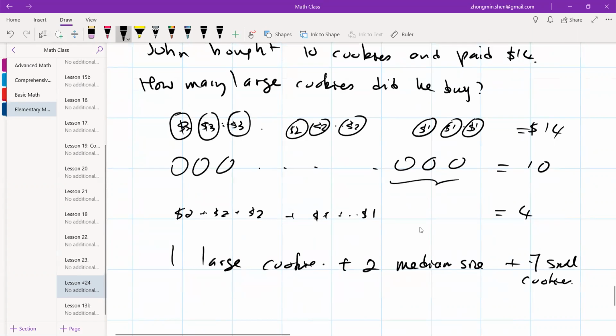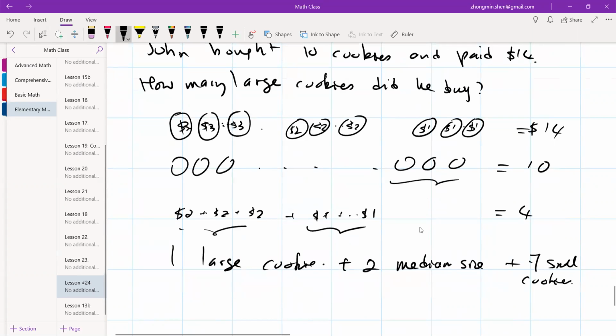So $4 increased. You have to increase the price for the larger cookie, and for medium size they only increase $1. Then it depends on how many medium and large size cookies. The increases of $2, $2, and $1 added together should be $4.